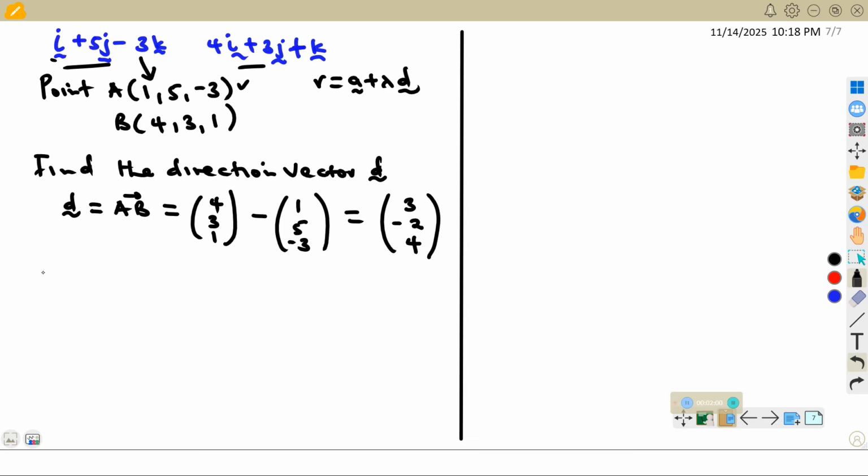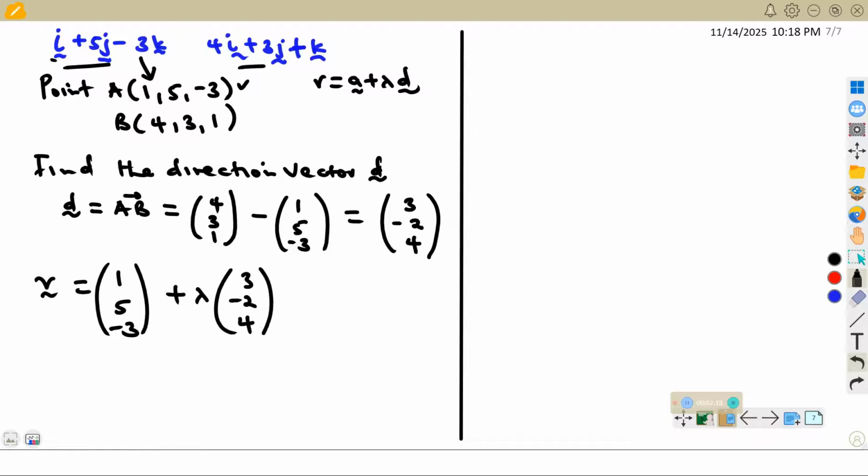So having got d, we can now obtain our r. So r will be the same as a. Let us use this one here, that is (1, 5, -3), and we shall add λ times (3, -2, 4). From here, this is the same as (1 + 3λ, 5 - 2λ, -3 + 4λ).